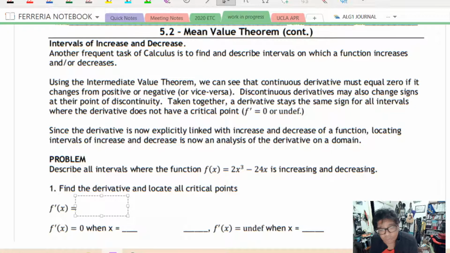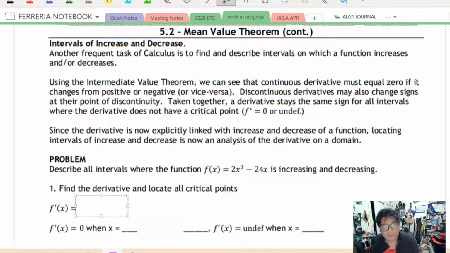The reverse says that if f prime is equal to 0, then the derivative has to change from either positive to negative or negative to positive, which isn't true. That doesn't have to happen. But if a derivative does change from positive to negative or negative to positive, then it has to do that at a critical point. So now we have the derivative explicitly linked to the increase and decrease of a function.